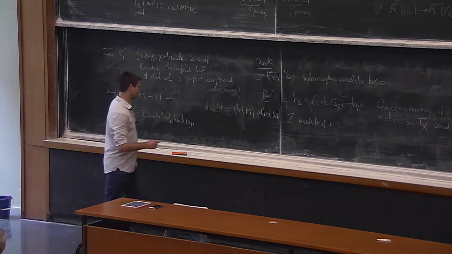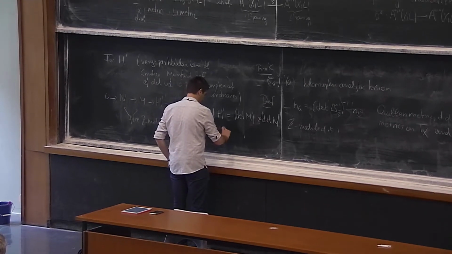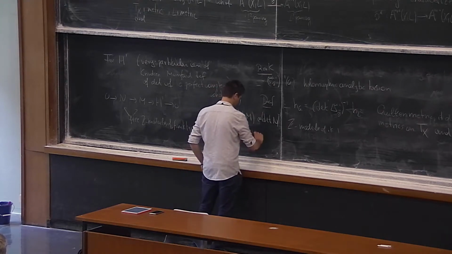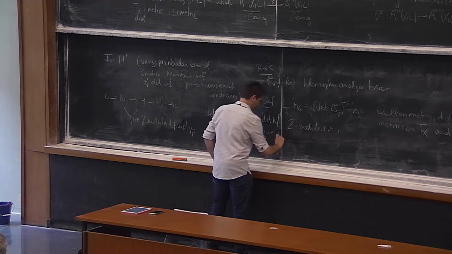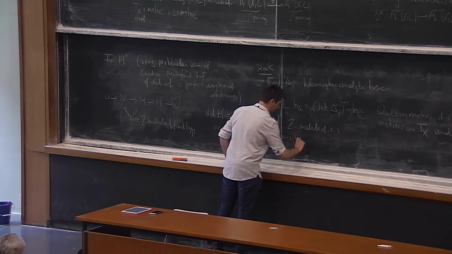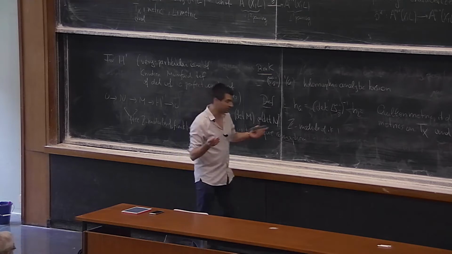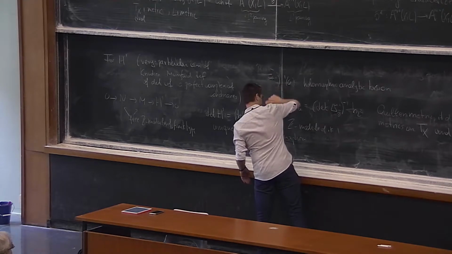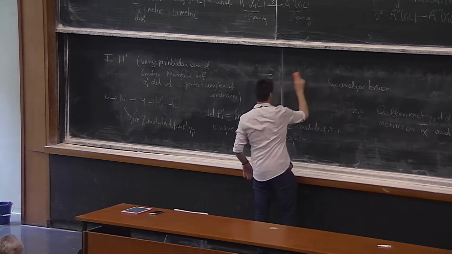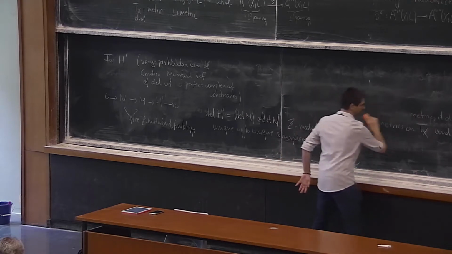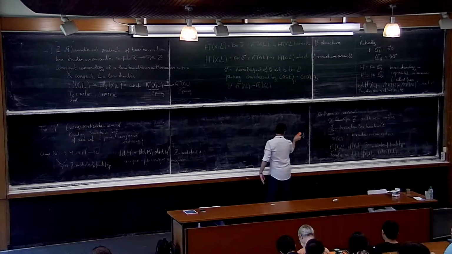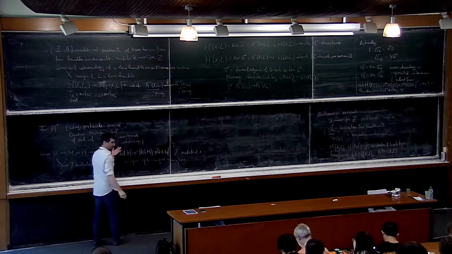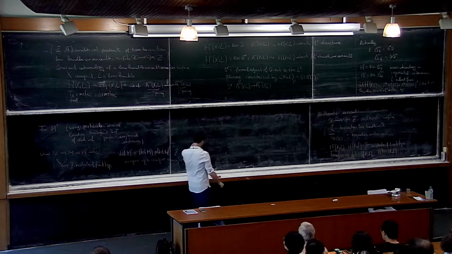And this thing is unique, or well-defined up to unique isomorphism that comes from comparing two resolutions. This is something that we know how to do in homological algebra. And when you base change to the complex numbers, of course, you recover the determinant of H1 in a canonical way.